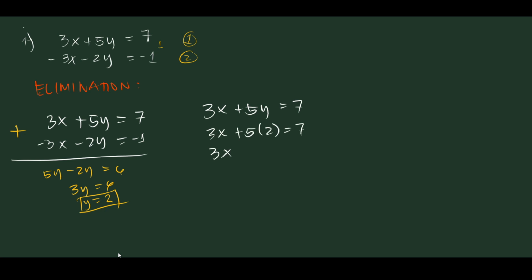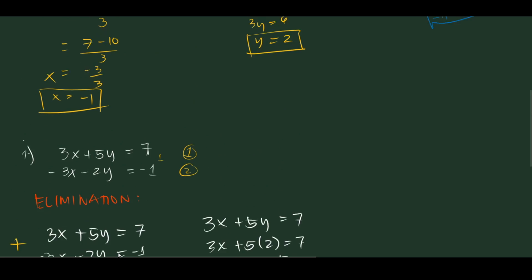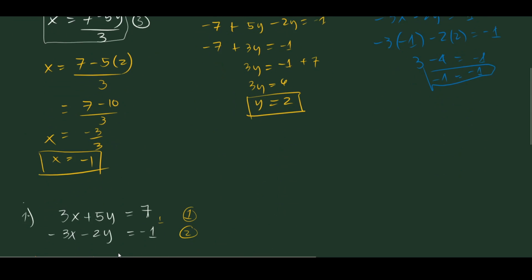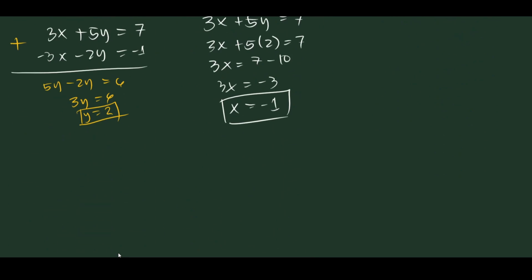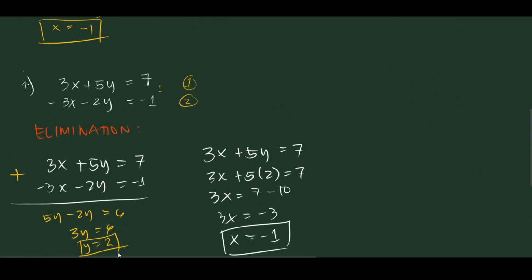If we subtract 10 from both sides, we get 3x equal to negative 3, and then x is equal to negative 1. Okay, so it's consistent with our result in the previous method. So we can say that this is correct.